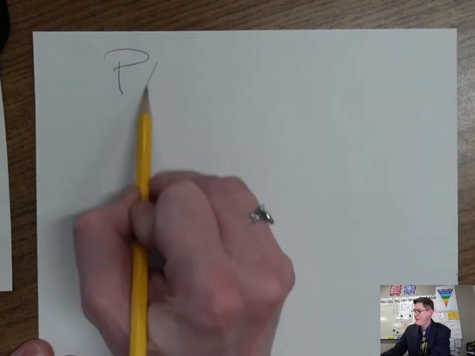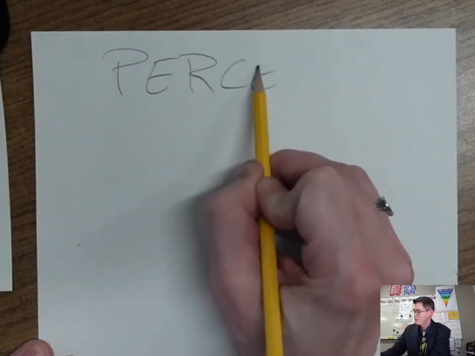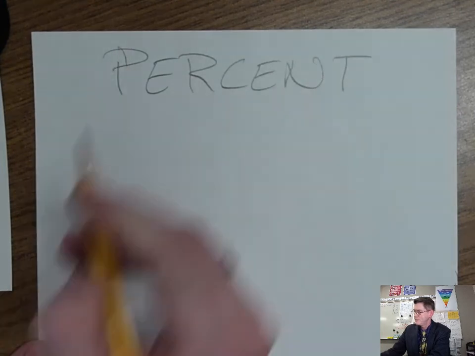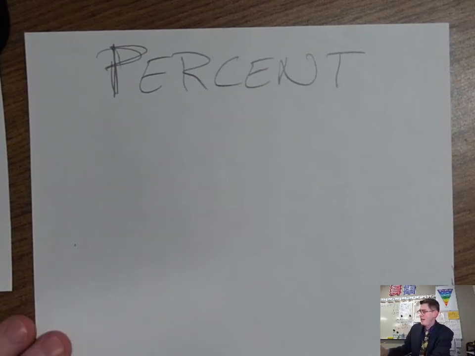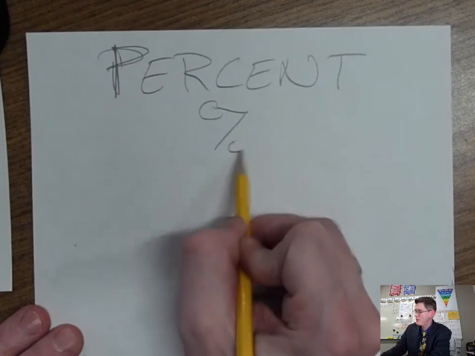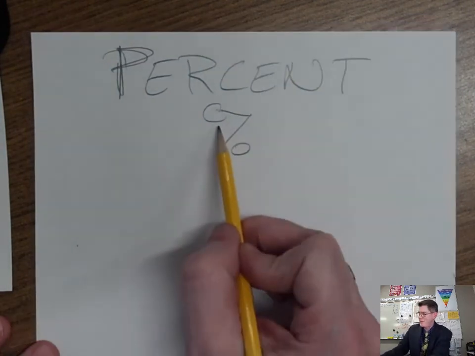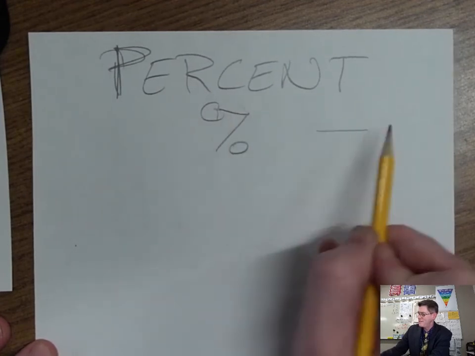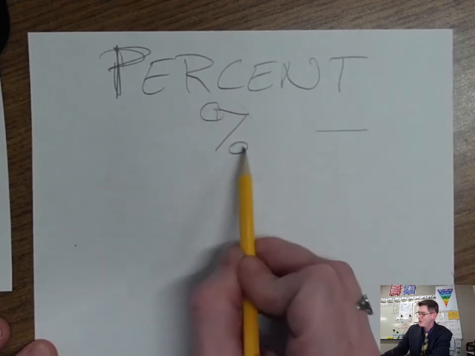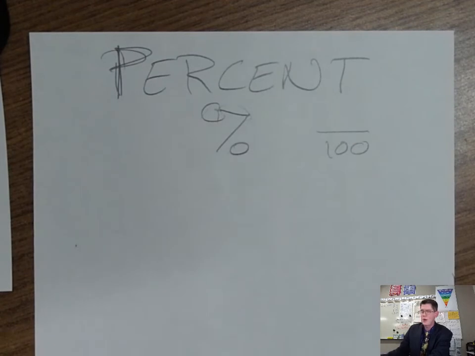We're going to be spending some time for the next couple weeks on this word: percent. Now, if you're scared, don't be. I'm going to unravel some of the mystery in it, but you'll see it sometimes written with that symbol. If I take that symbol apart a little bit, I can use one of these lines for divide, and these two zeros and another one of these lines to make a 100.